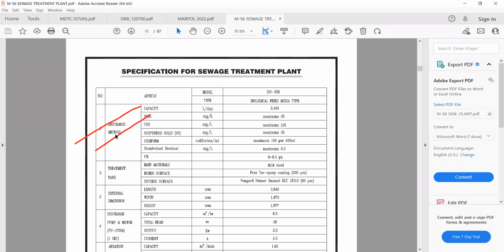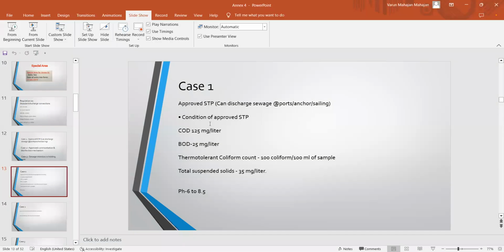I can close the document and go back to the slide, or somebody is writing. Okay. So if we meet these criteria, then only our admin will approve our sewage plant. Otherwise, he will not give us the type approval.